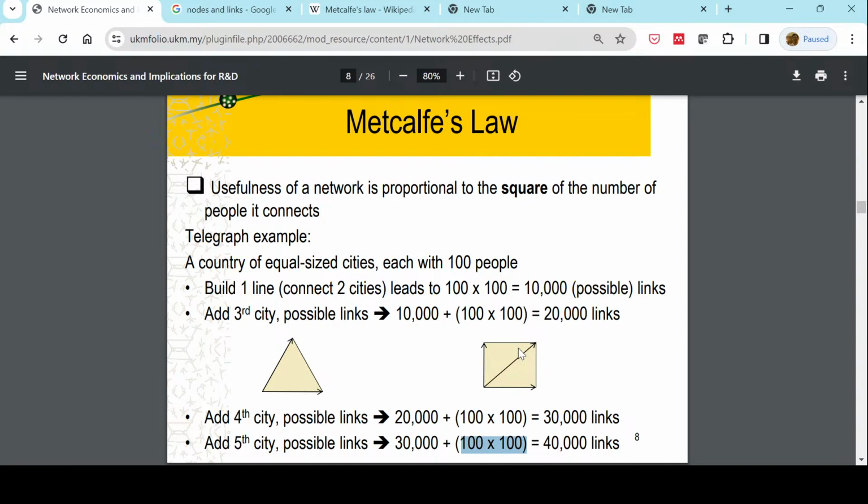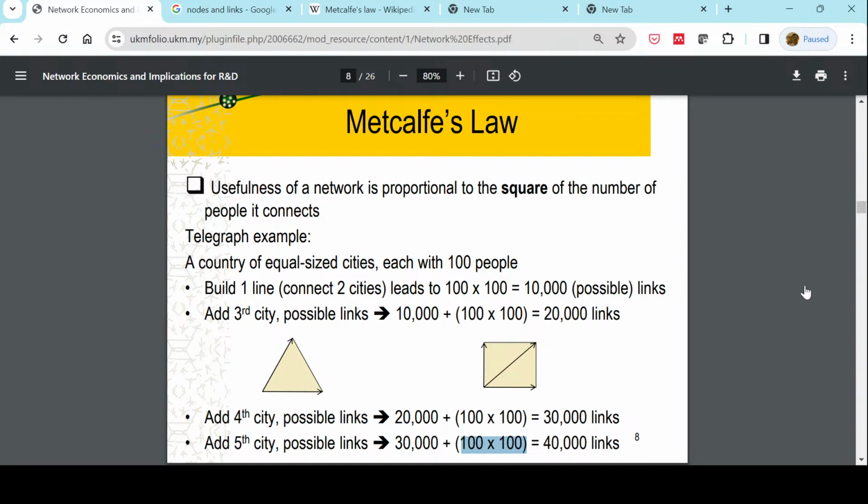That's positive feedback. That's the working of network effects through Metcalfe's law of the power of 2, the square, n to the power of 2. So it's not a straight line.